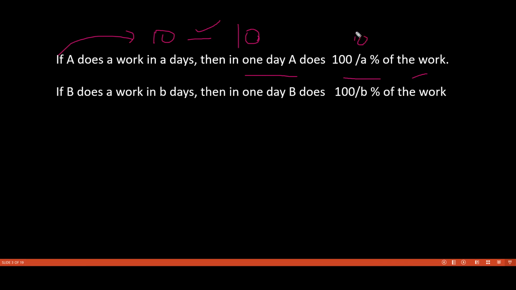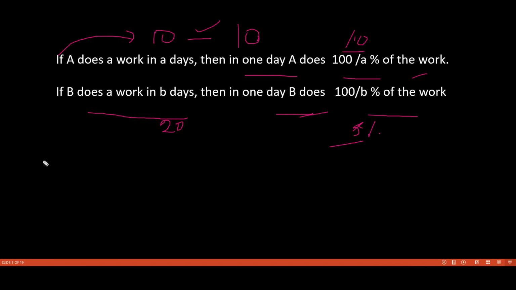Similarly, if B does a work in B days, then in one day B does 100 by B percent of the work. For example, B does a complete work in 20 days. Then in one day B does 100 by 20, that is 5% of the work. In that way we can calculate anything.